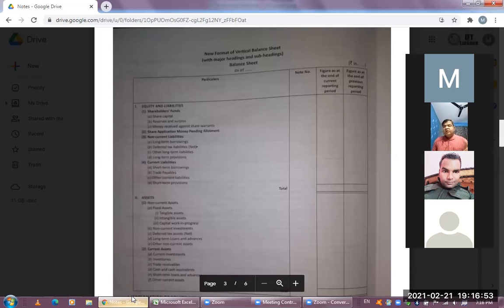If you have taken a loan, it is a short-term liability, and short-term loans and advances, that is short-term borrowing, will come under current liabilities. But if you are giving a loan to other companies within the group or outside the group for a short duration, maybe less than 1 year, 4, 5, or 6 months, then it will be short-term loans and advances given, or other current assets.